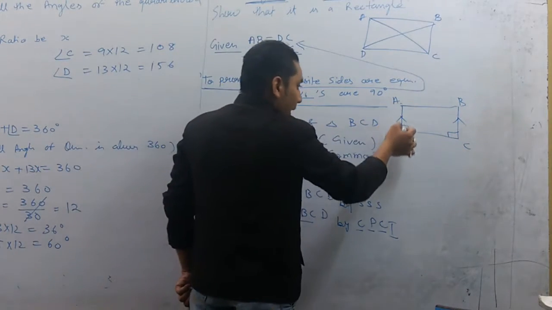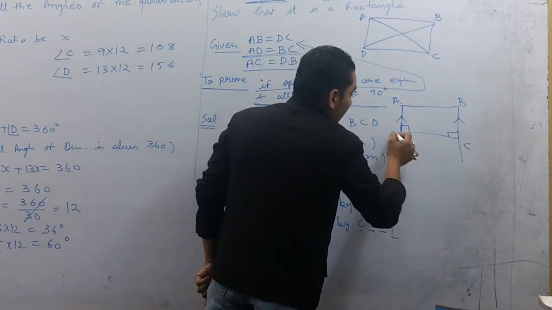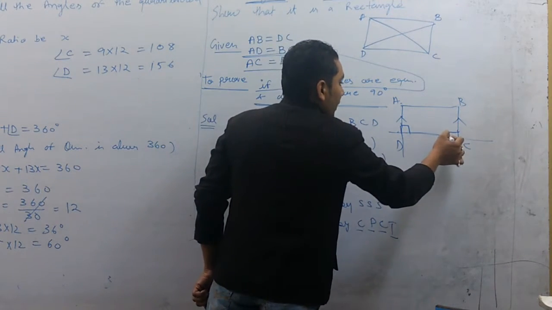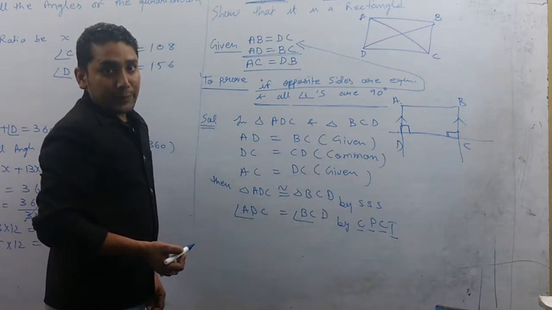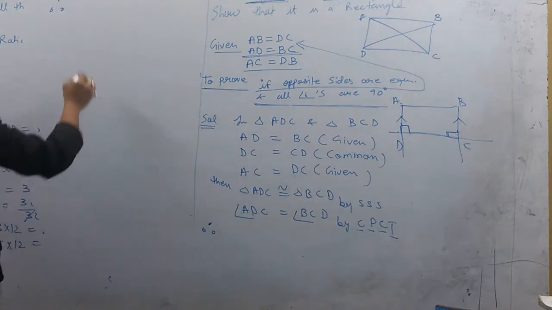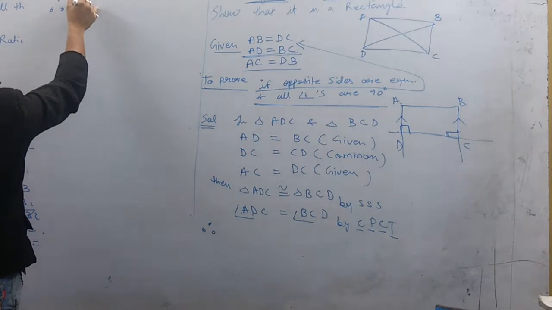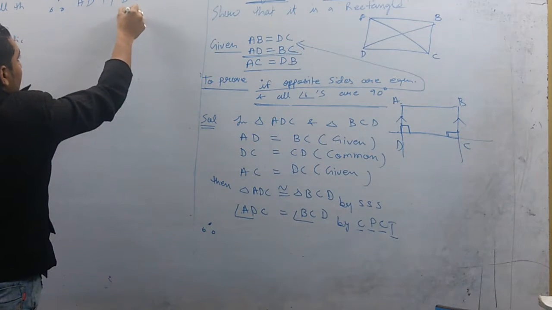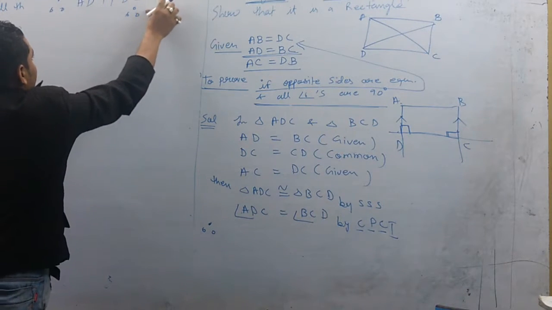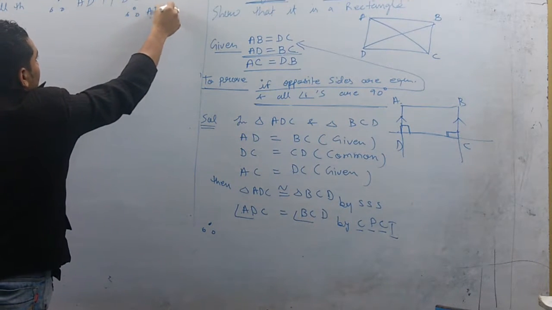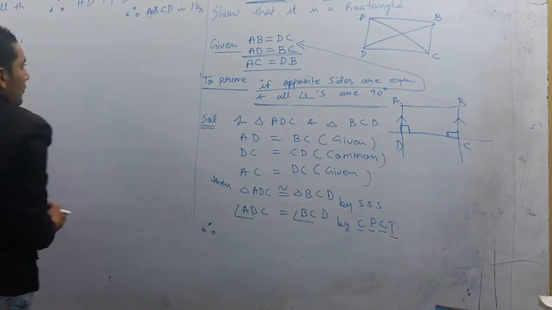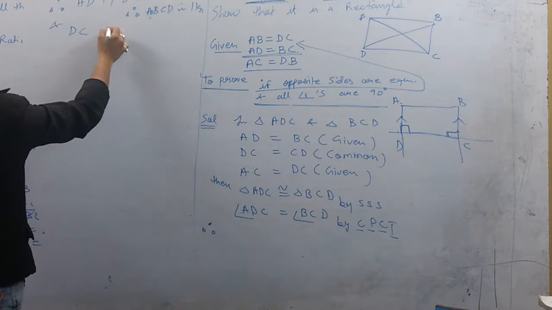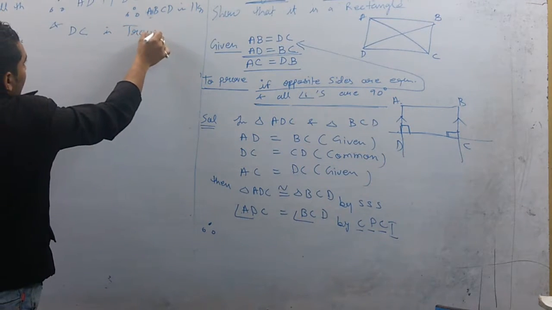If two lines are parallel and a transversal cuts them, then the co-interior angles on the same side are always 180 degrees, because AD is parallel to BC since ABCD is a parallelogram, and DC is a transversal.